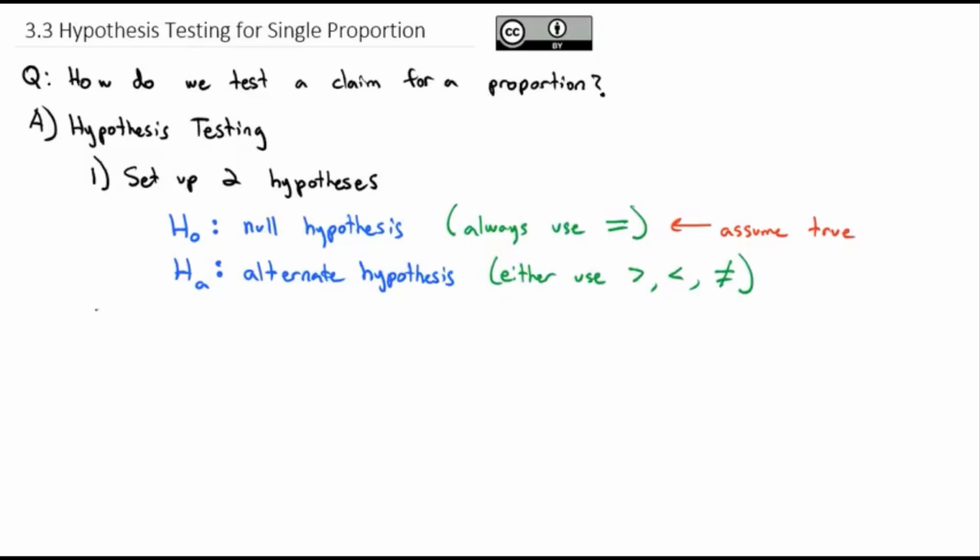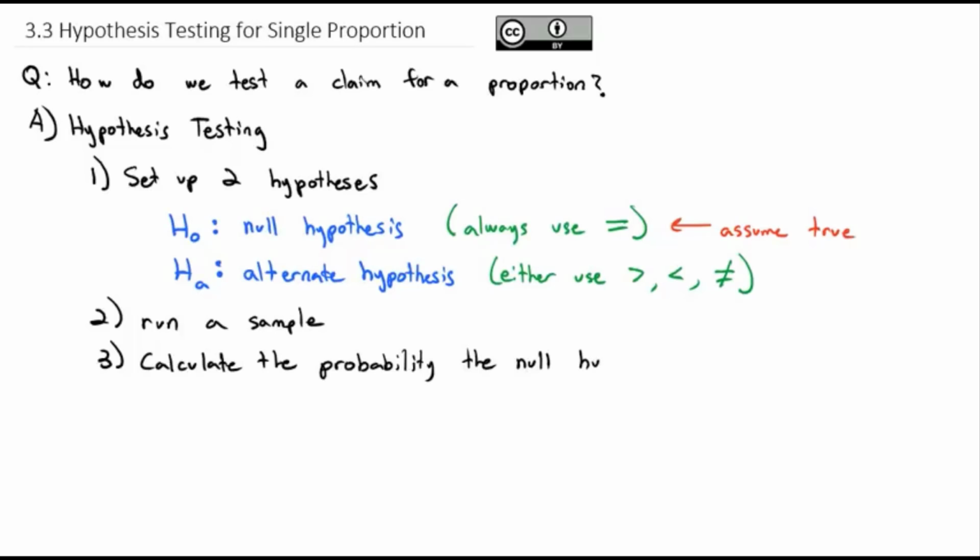Once we've set up those two hypotheses, we will run a sample or an experiment. Then based on that experiment, we will calculate the probability that the null hypothesis is true based on our sample.